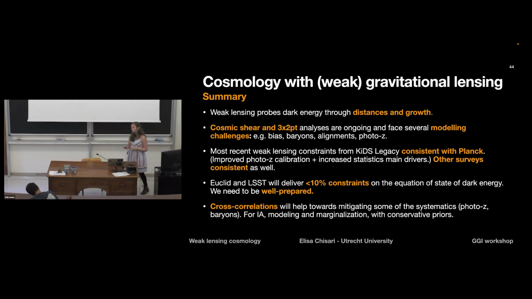We'll see what the SPT and the HSC final analysis have to say about this. But for now, everything seems to be consistent, but everything's in flux. This is not the talk I would have given a year ago. And we expect that Euclid and LSST will be very powerful, about 10% constraints on the dark energy equation of state. And to achieve that, we need to be well prepared.